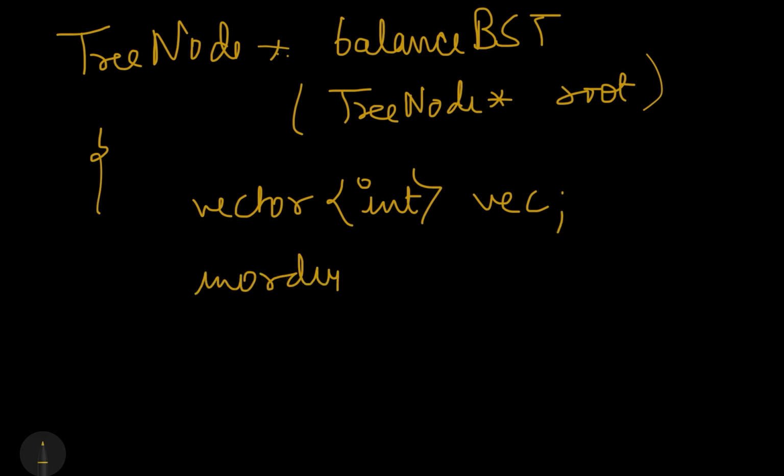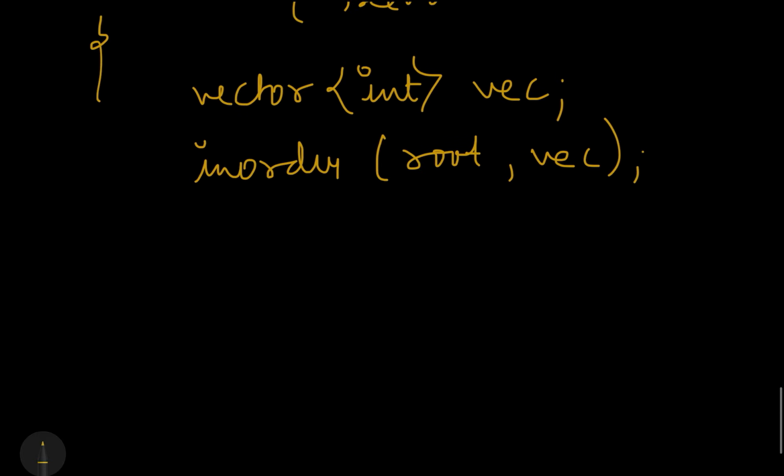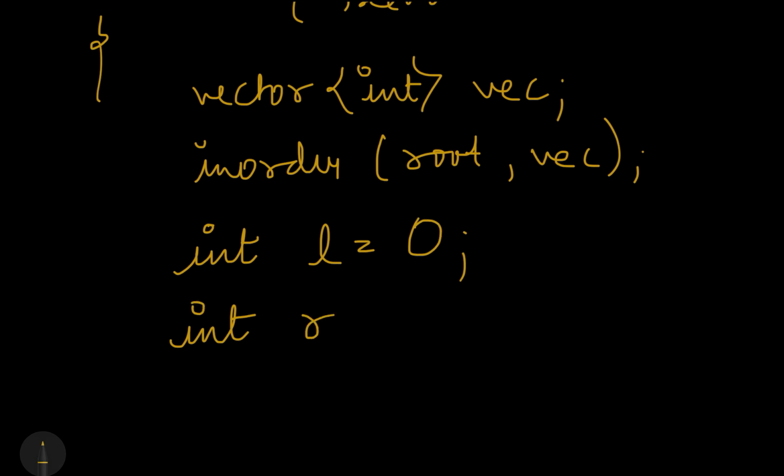Then we'll call the inorder to get our sorted vector with the values from the BST. Then we'll define the left pointer which is 0 and the right pointer which is n minus 1, that is vector dot size minus 1.